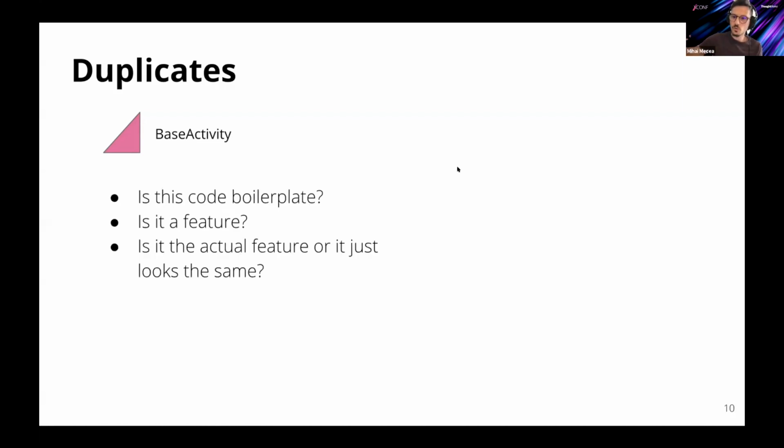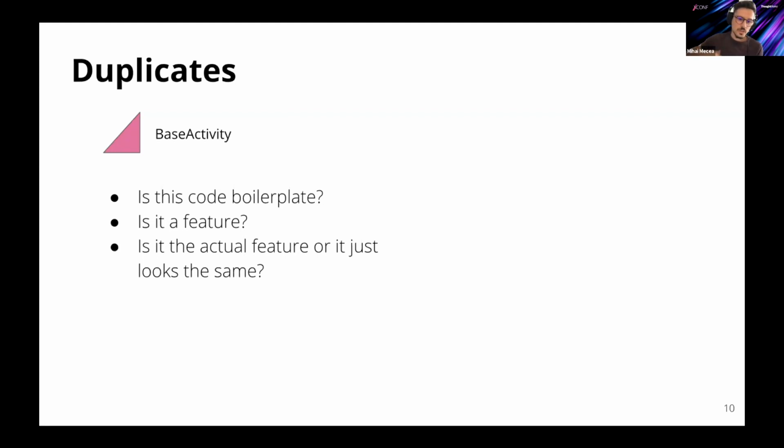Maybe the code in your class that you extracted into the base activity is boilerplate, the kind of code you don't want to write in every single class. Or maybe it's a feature that just happens to look the same as another feature. It's not actually the same feature.